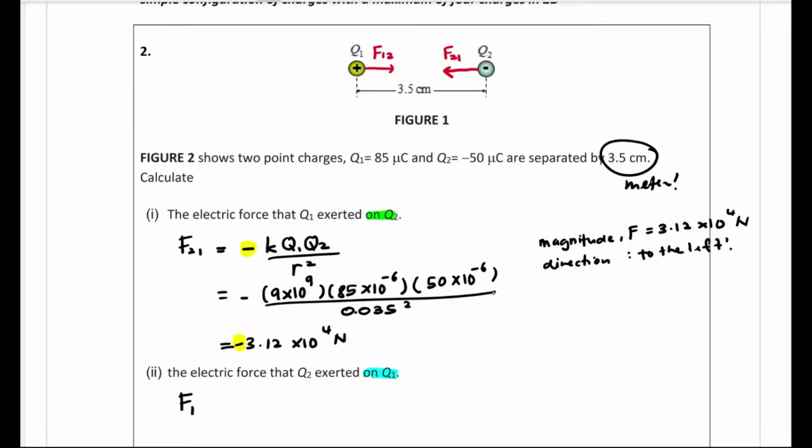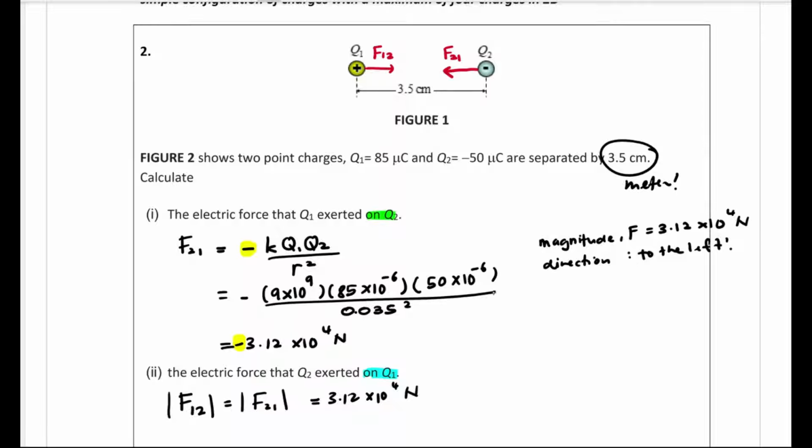Force on 1 due to 2 is equal to, sebenarnya dia sama. Magnitude dia sama. So we put a modulus. So F21. Okay. So jawapan dia samalah F12 sama dengan F21, but we put modulus sebab kita nak magnitude sahaja. So the magnitude is the same but not the direction.